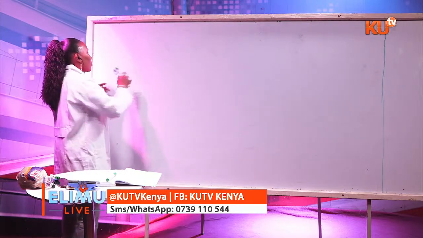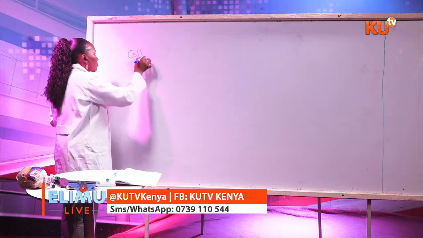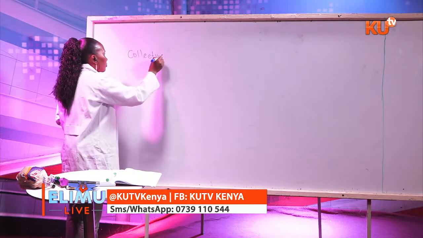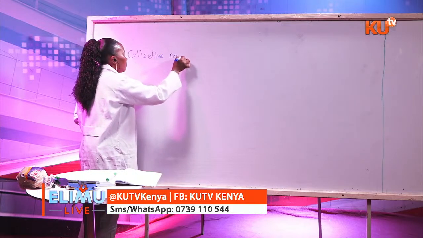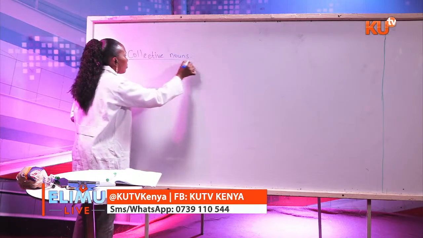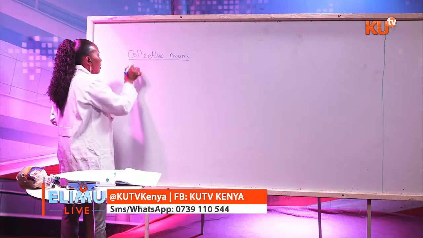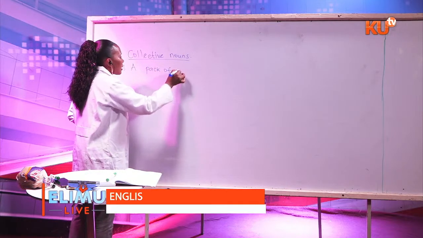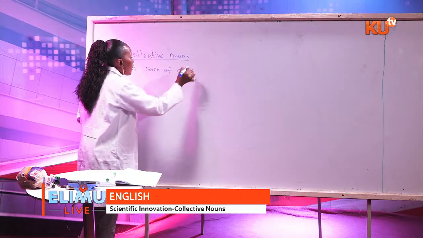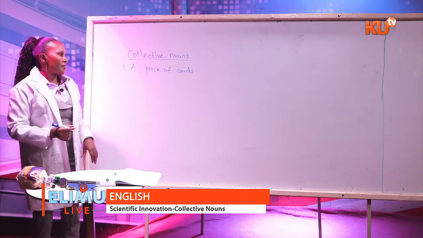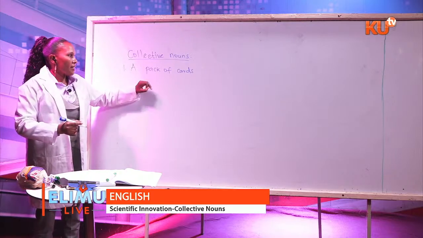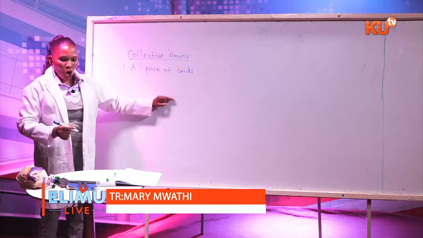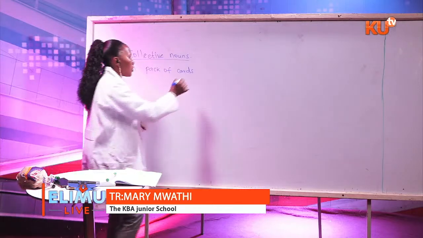Answer these questions, collective nouns. We say we have a pack of cards. Is it classified according to people, things, or animals?